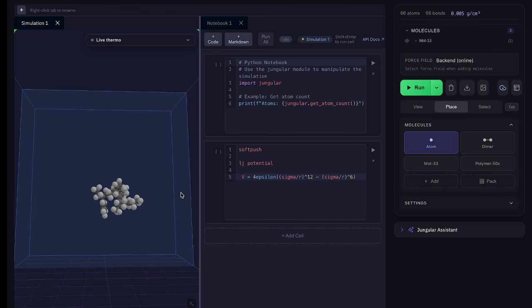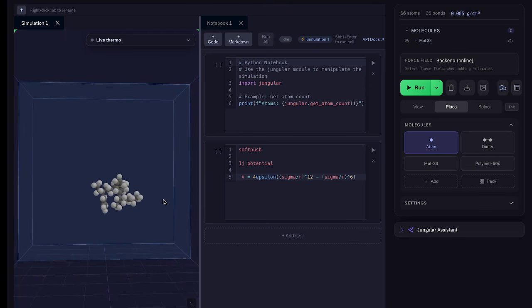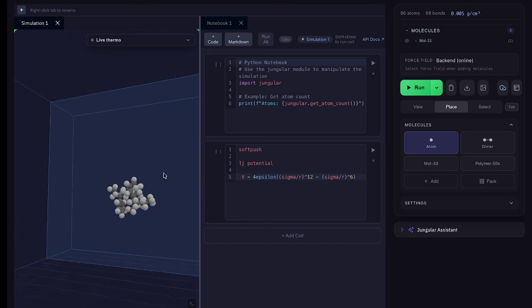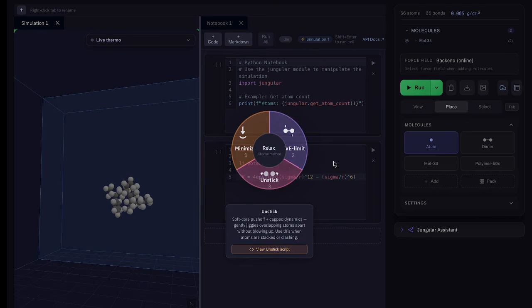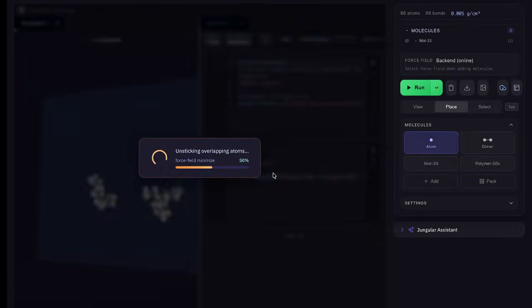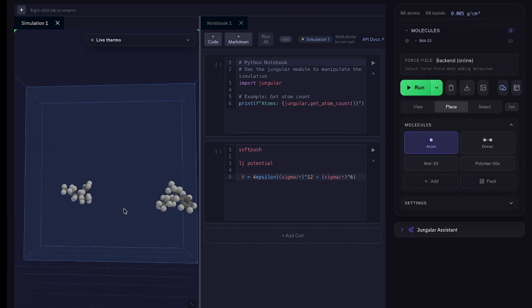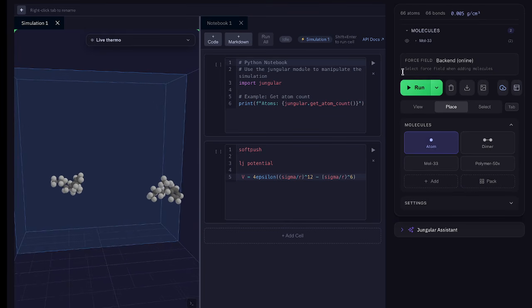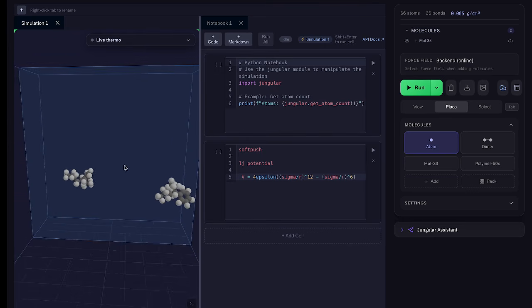Now we are back on our simulation page, and let's try this soft push and see if it works. I'm just going to click relax, and then click this unstick button. You can see that these two molecules are separated now, and they get out of that unphysical state.